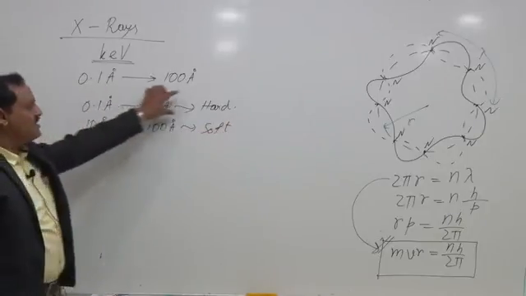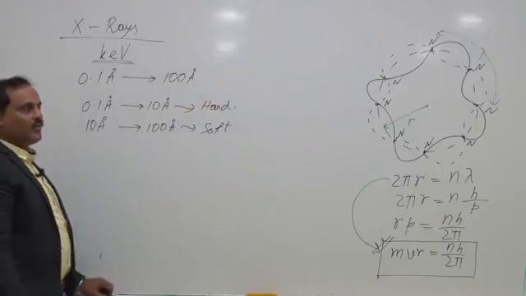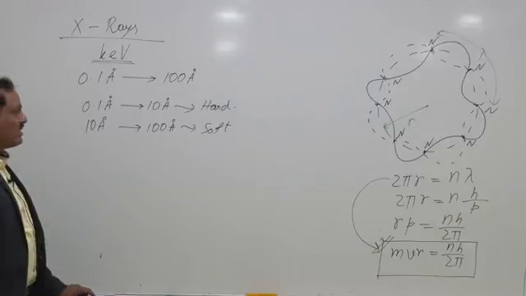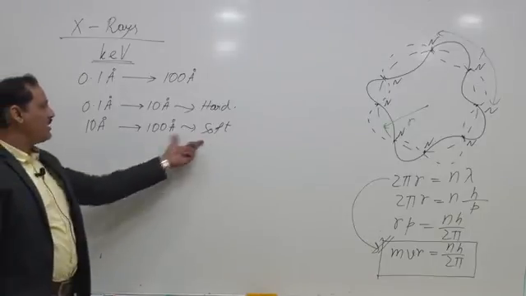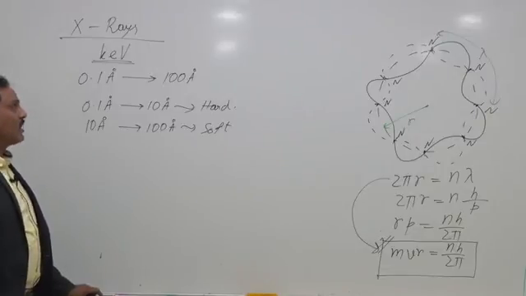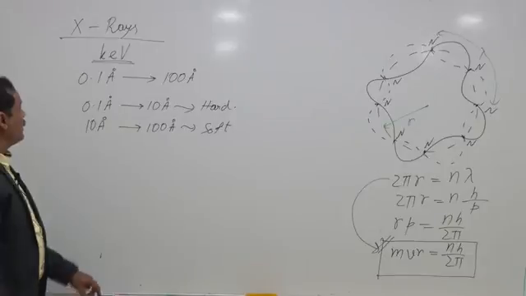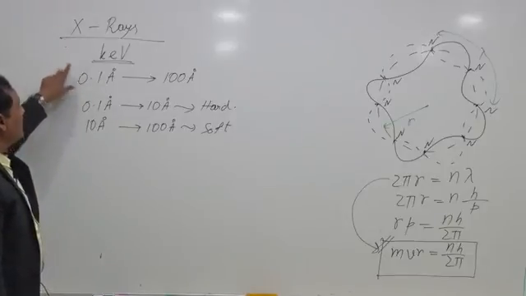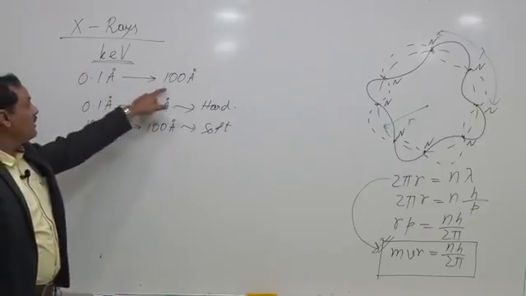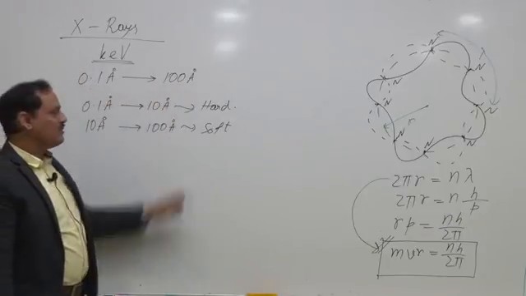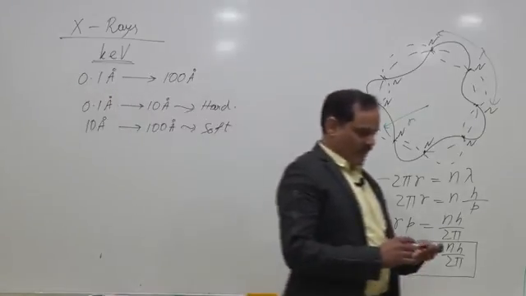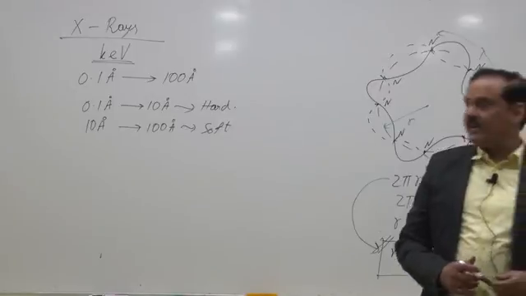Hard X-ray is used in engineering science to detect fractures or cracks in machines or in beams or in bridges, whereas soft X-ray is used in medical science to detect cracks in bones. So X-rays are electromagnetic waves of high energy, of the order of kilo electron volt, with wavelength between 0.1 angstrom and 100 angstrom.